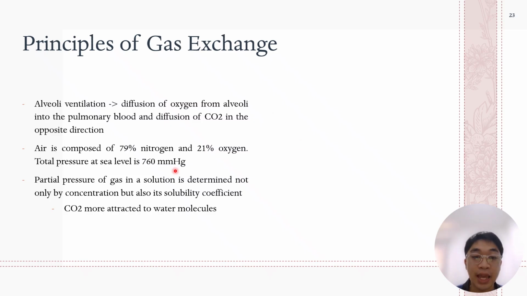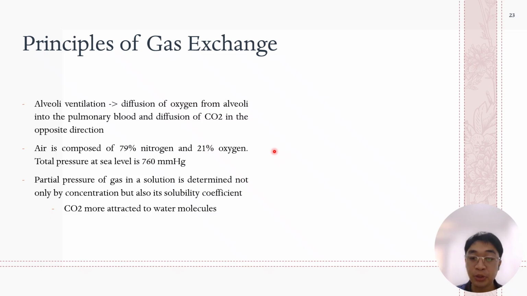Take note that the atmospheric air that we breathe in is composed of only 21% oxygen and 79% nitrogen. The total pressure of this room air that we breathe at sea level is approximately 760 millimeters mercury.